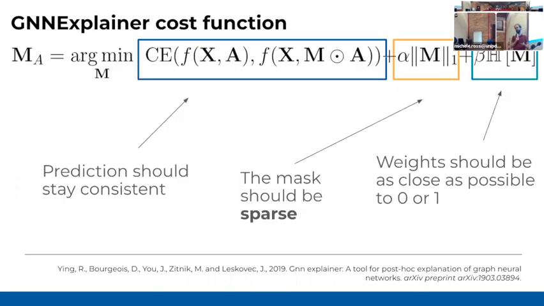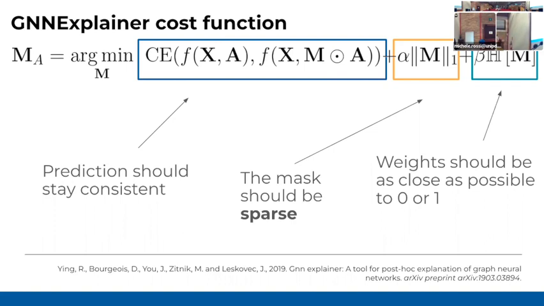And you get this kind of cost function. You optimize it using standard gradient descent techniques, and the solution is your explanation. So the mask here is the argument of the minimum of this three-way cost function, which is sort of simple to read.